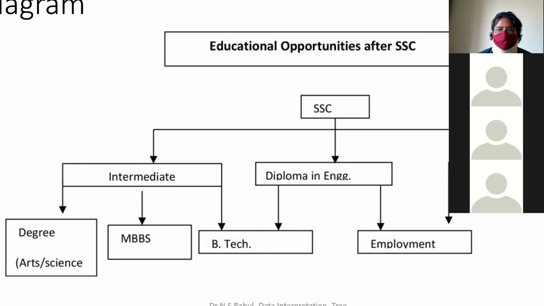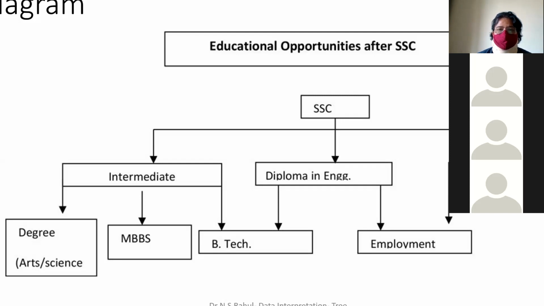And then we have a choice. We have to do arts or science. Then we have to complete MBBS. Second, after completing SSC, we have to join a diploma in engineering. After completing diploma in engineering, we have to study BTech. After that, we will get employment.